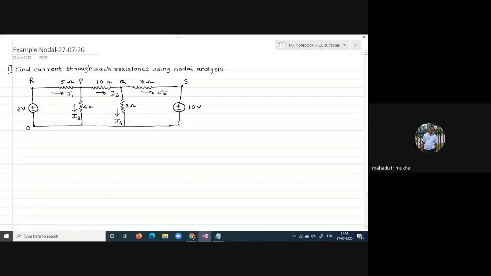Okay, the current we have marked over here, and the nodes we have marked as well. Right, what are the nodes?